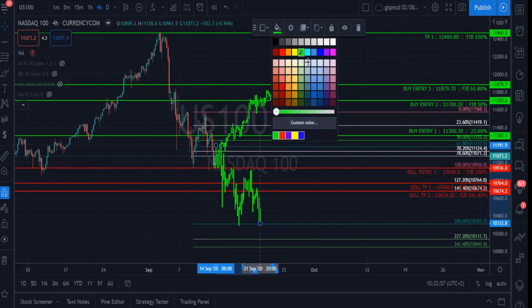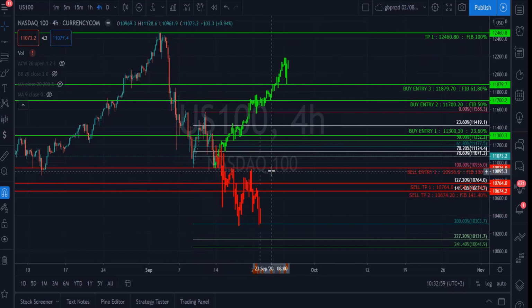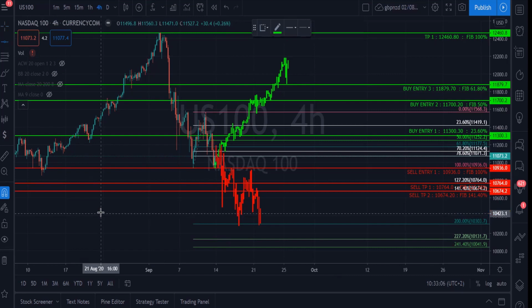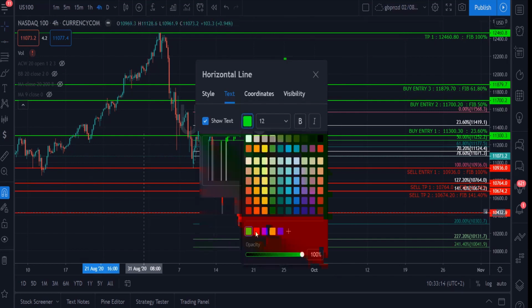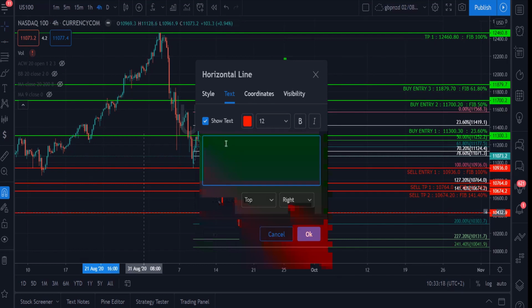And we can even, just for teaching purposes, put a TP3 right here. It doesn't mean we're going to take this TP, and it doesn't mean that we're not going to take it, but this is what Fibonacci teaches us.